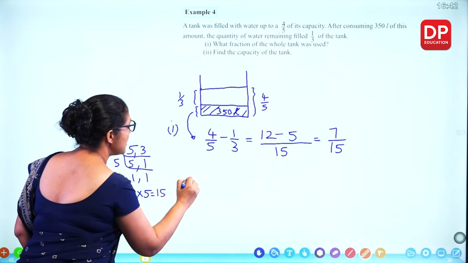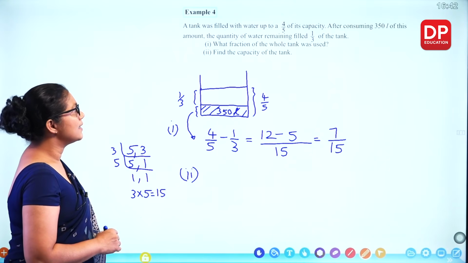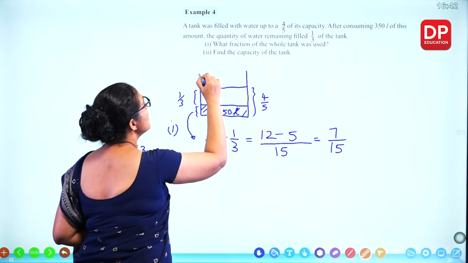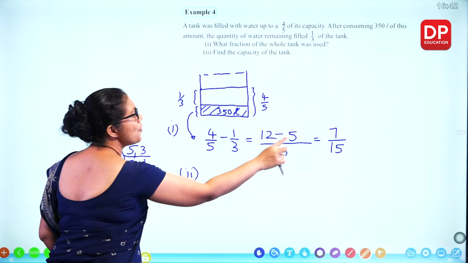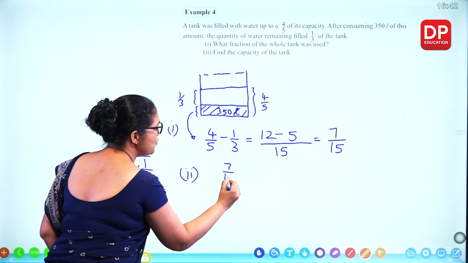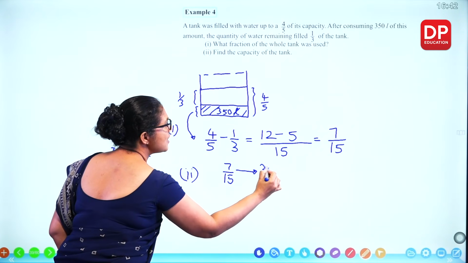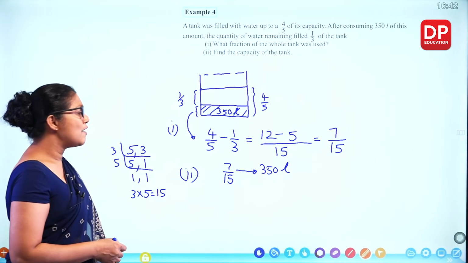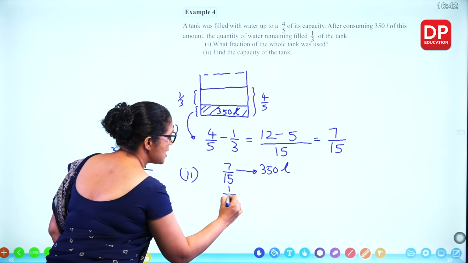Then they ask what is the capacity of the tank. Capacity means the full part. We know 7 out of 15 parts represent 350 liters. The full tank needs 15 parts, so before that we find one part.